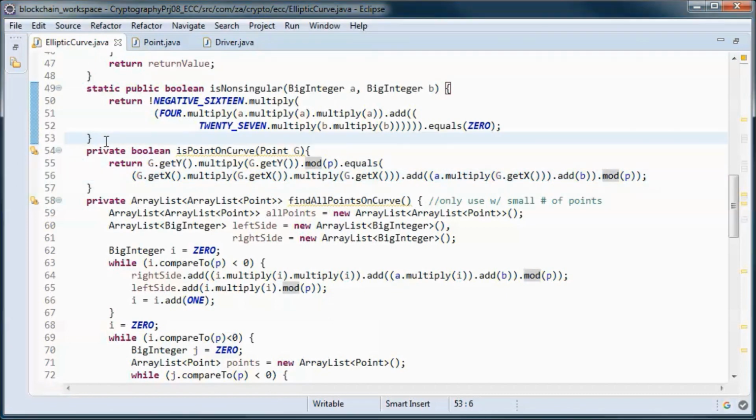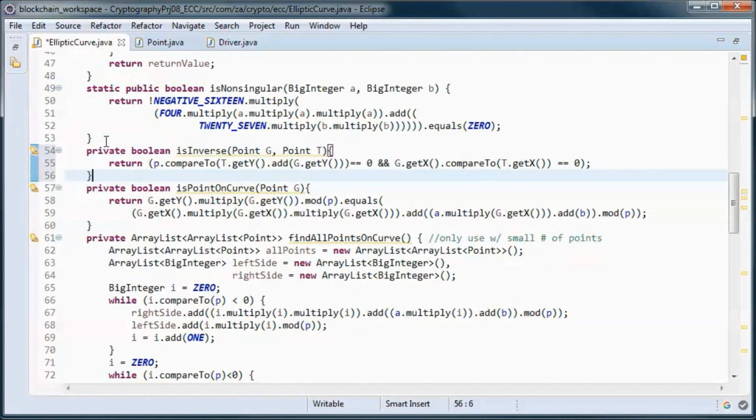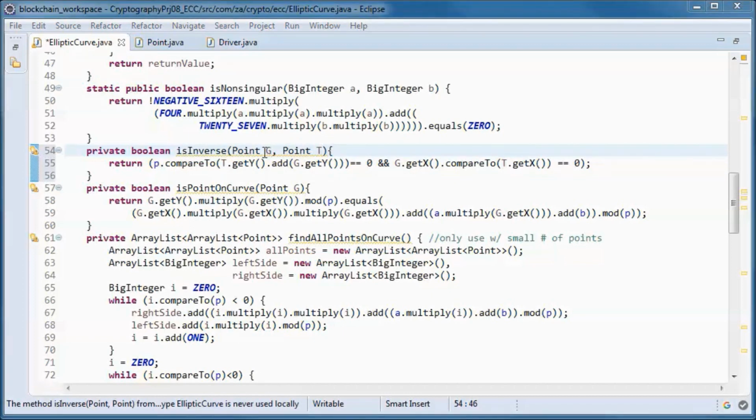And this method checks to see if point G and point T are inverse of each other, so they are symmetric about the x-axis.